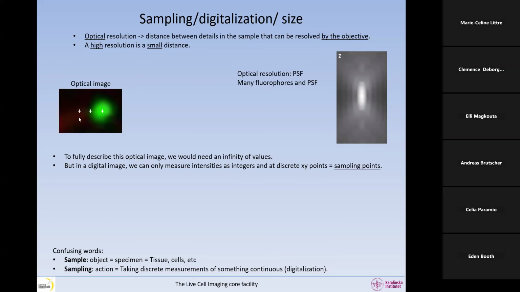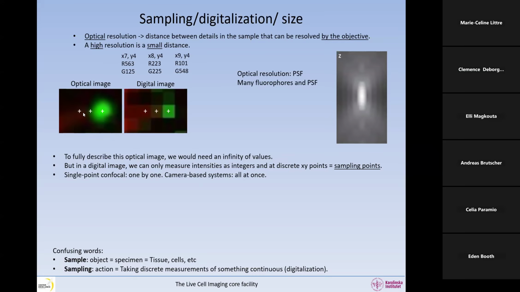Now in this optical image, we're going to take 3 measurements of intensity, one here, one here, one here. So we have 3 sample points. In a single point confocal, as you know, these sample points are acquired one by one. And in a camera-based system, bloom, all at the same time. So now we get the digital image where we have 3 measurements, one in this XY position, and here we have 2 colors.